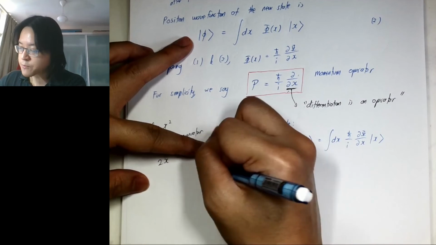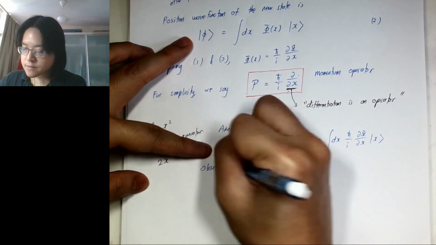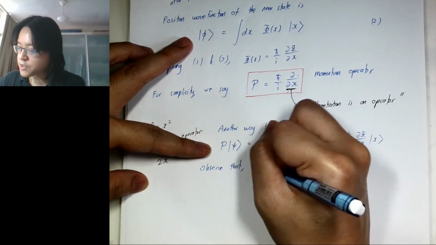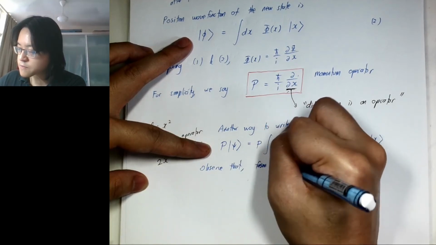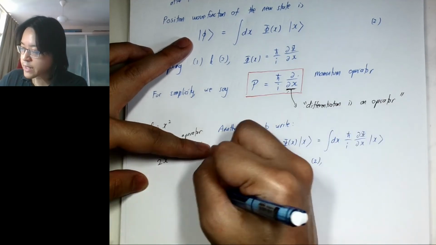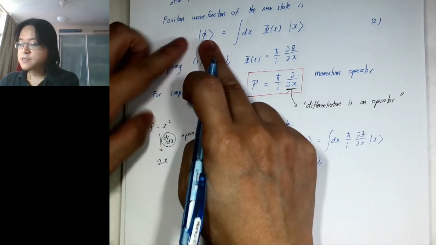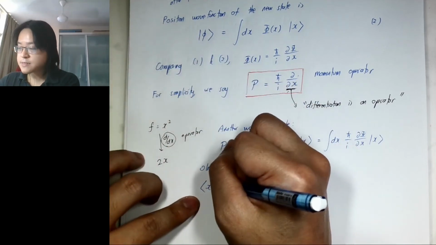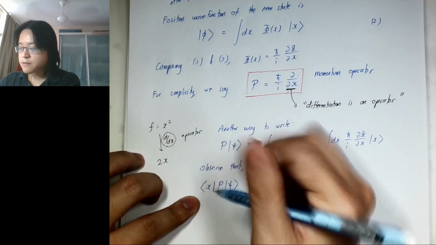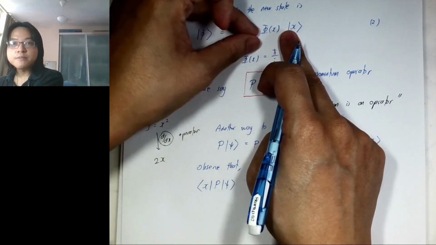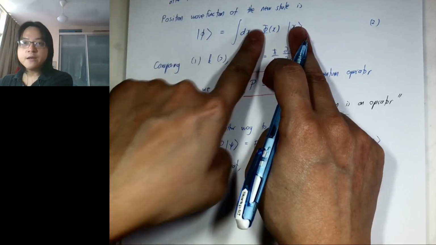So we observe that from using equation 2, if I close this with the bra x, I'm actually finding my wave function here.